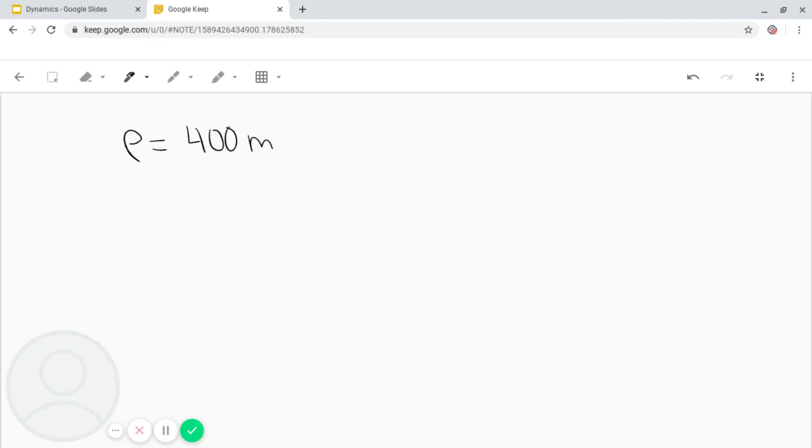And then we know that the acceleration decreases by 10 meters per second over 400 meters. And then we know the speed of the particle at a particular point is 20 meters per second.